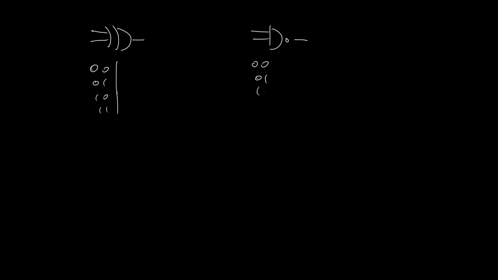The first trick is to realize that I can implement this exclusive OR gate if I can first create two other gates. All I'm doing is identifying where the ones are at the output.